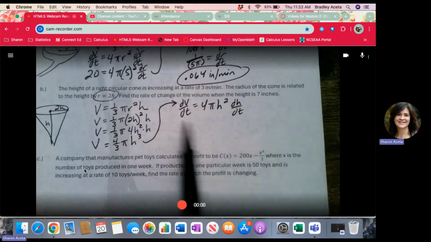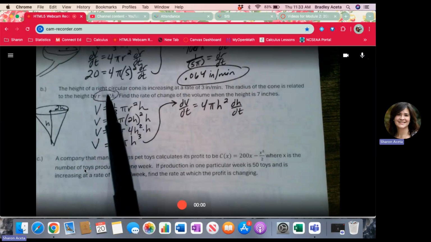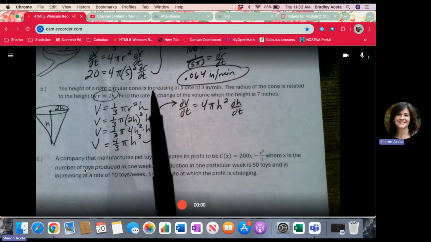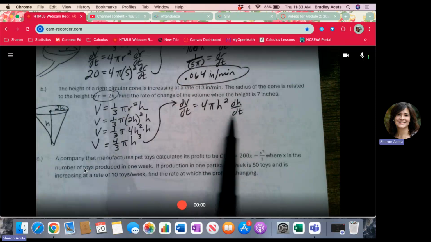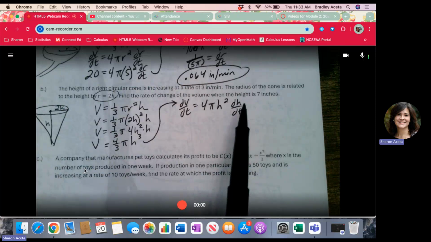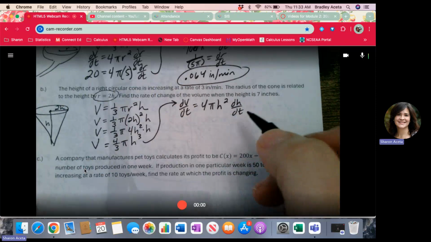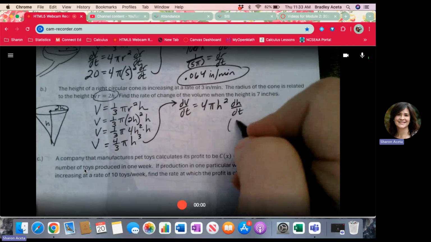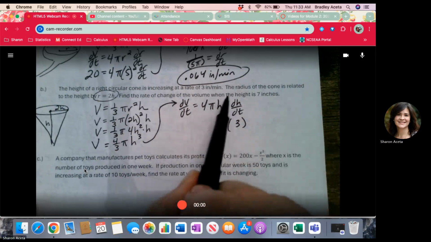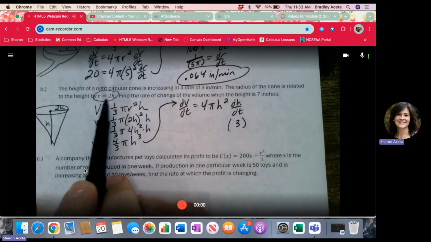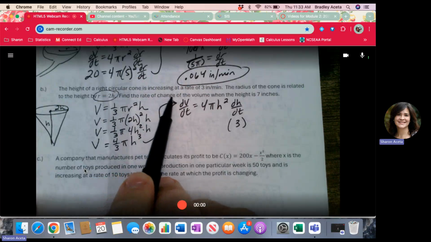And now let's put in the other information we know. The height of the right circular cone is increasing. That's the derivative of a height, so I know that this is 3. The radius of the cone is related by r equals 2h. Find the rate of change of the volume.